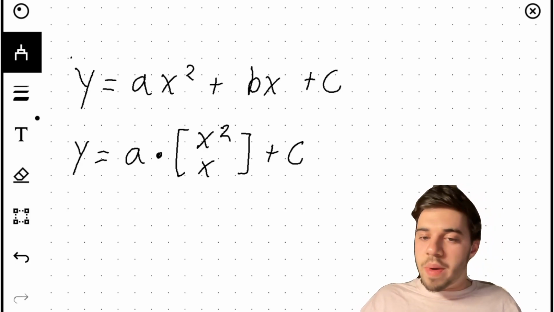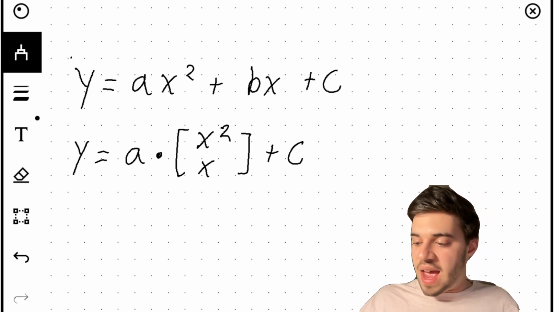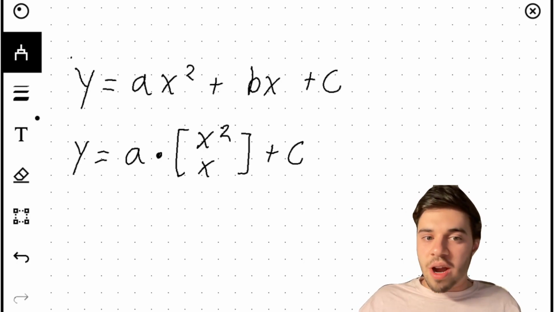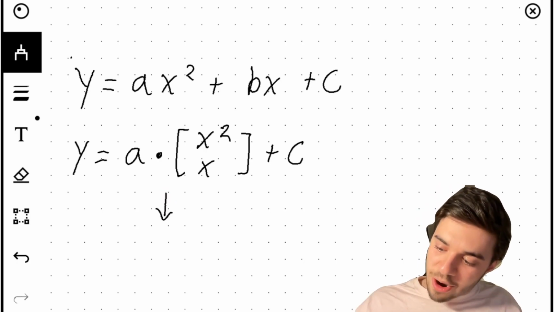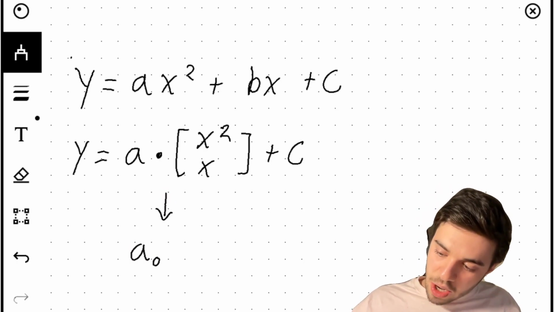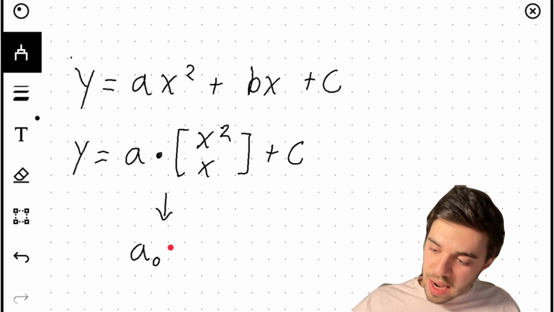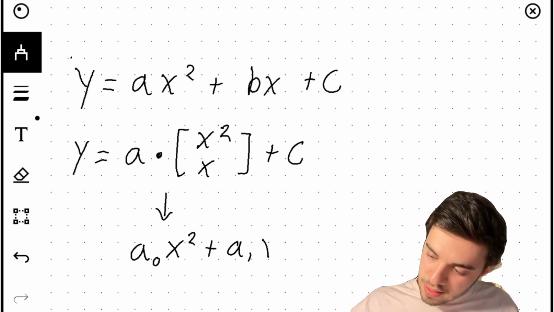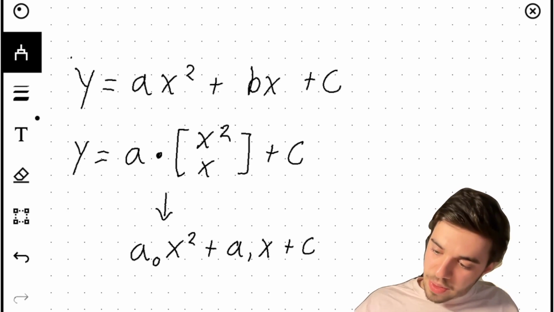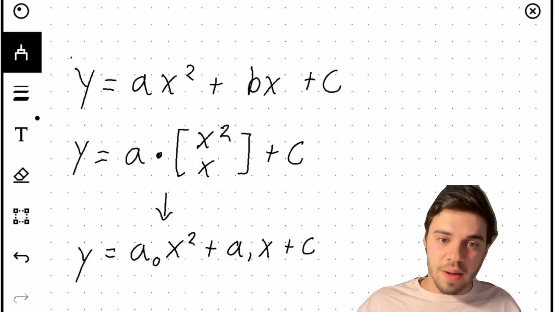You can take a moment and convince yourself that this is indeed the same thing. Based on the way that the dot product is defined, this is going to expand out during the calculation, and we're going to get a0 times x squared plus a1 times x plus c, which is the same thing.